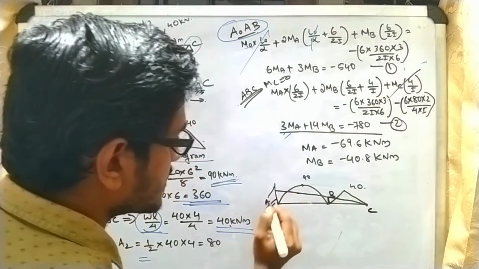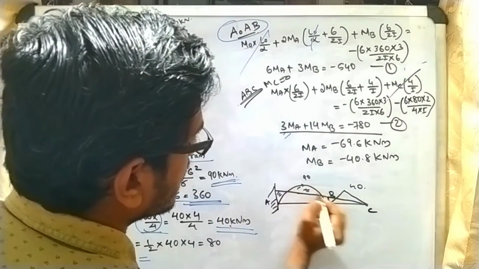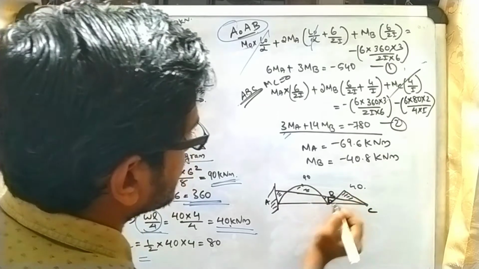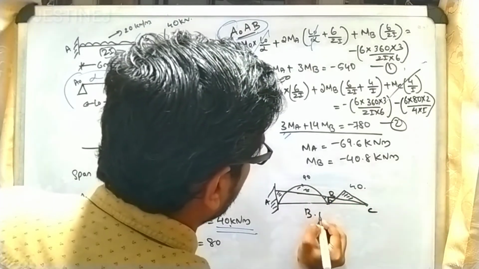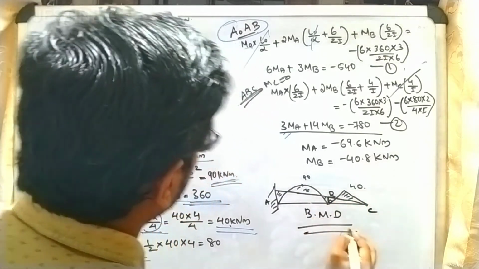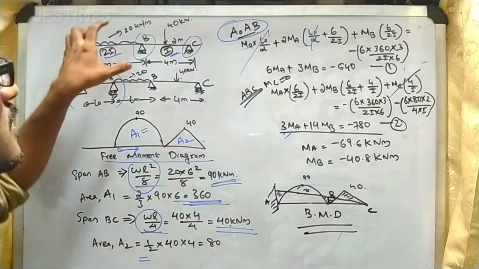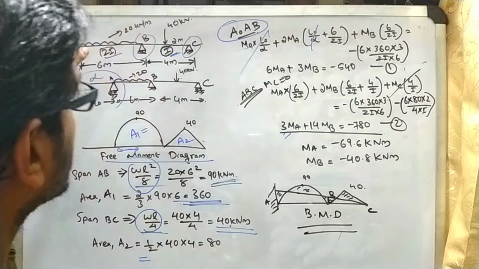After that you can shade these regions. So this is the final bending moment diagram.